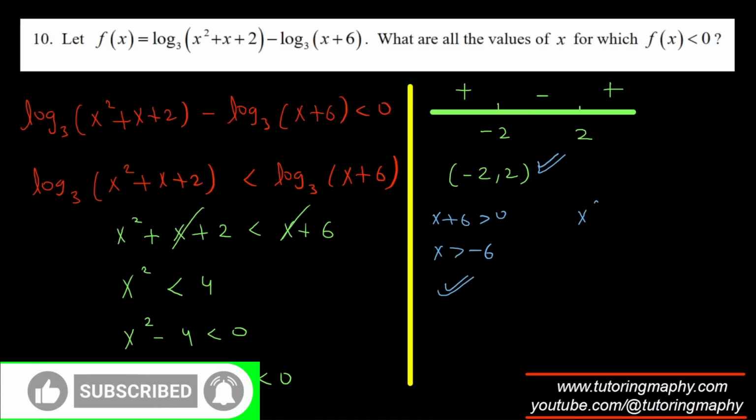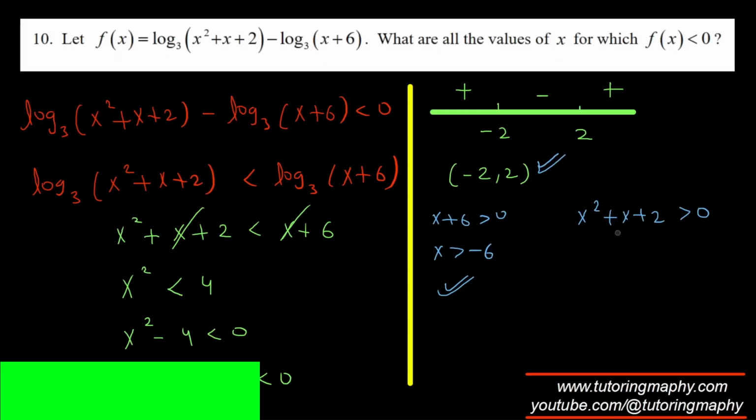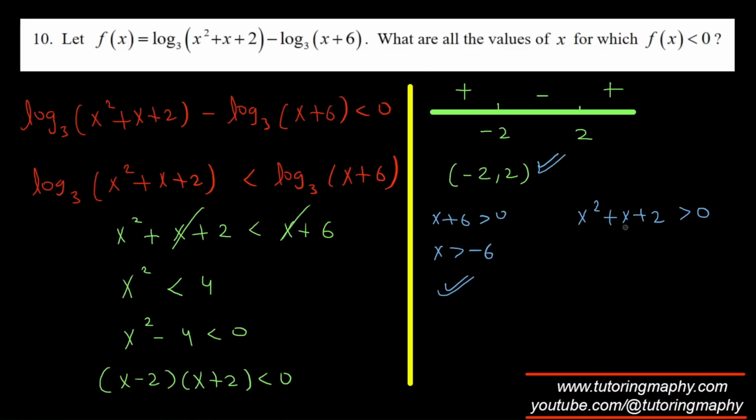Now the other log is happy when x squared plus x plus 2 is greater than 0. If you want to solve this quadratic, if you look at the discriminant of this, I'm not sure if you guys are aware of the discriminant, it's a part of SAT although, but if you try to solve the roots of this using the quadratic formula, you will get imaginary roots.